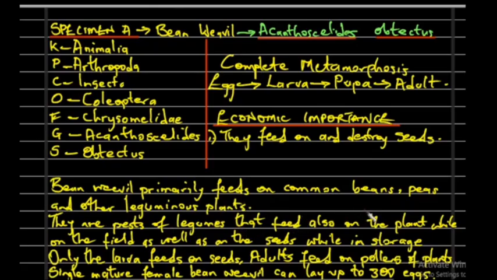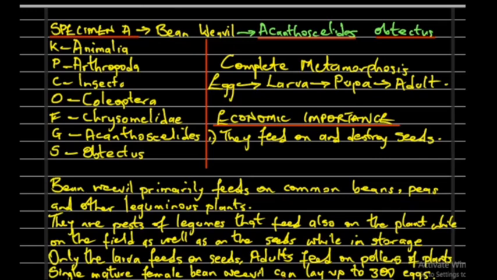They feed on the plants of legumes even while on the field, and also on the seeds in storage. We should know that it is the larva of this organism that usually feeds on the seeds. The adult feeds on the plants while on the field, majorly feeding on pollen.